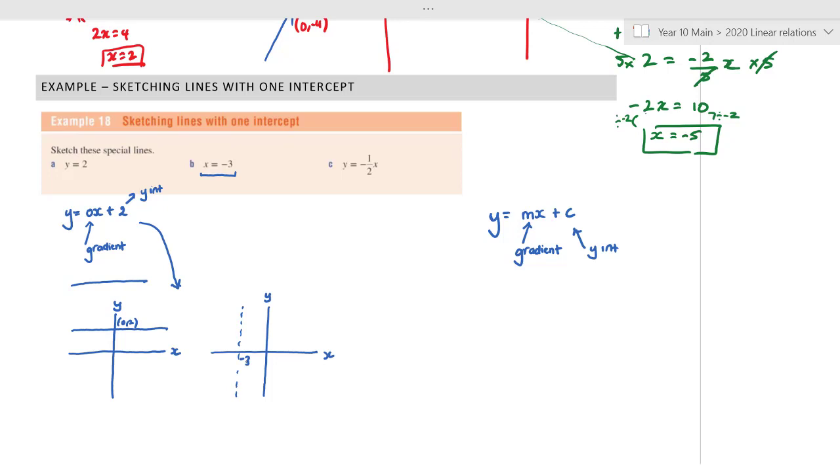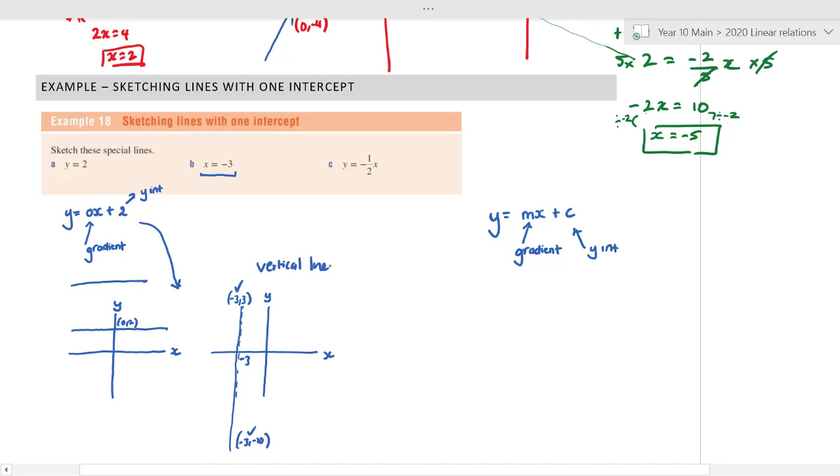And if I was to draw that, all of those points, if I was to pick over here, minus 3, 3, or if I went down here, let's say minus 10, all of these points have x equals minus 3 in common. So x equals minus 3 is going to be a vertical line.